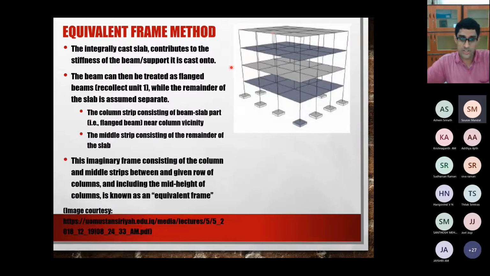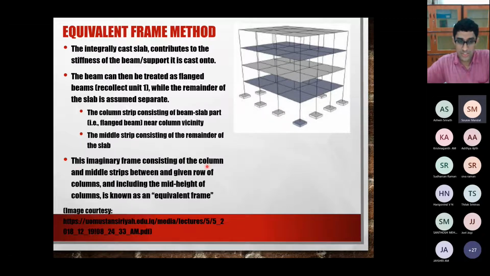If you want to use the equivalent frame method, the slab in both perpendicular directions needs to be separated into column strips, which consist of beam and slab near the column vicinity, and the remaining middle strips, which consist of the remaining portion of the slab.